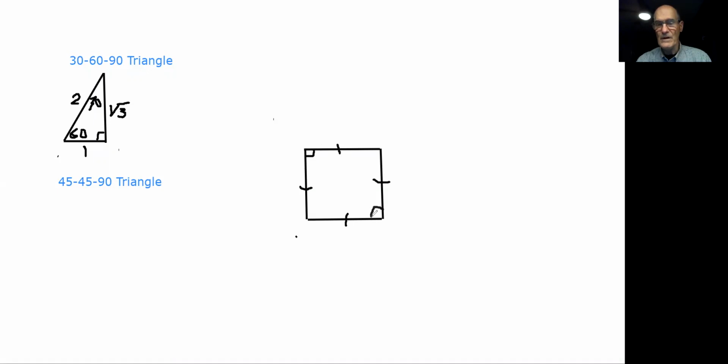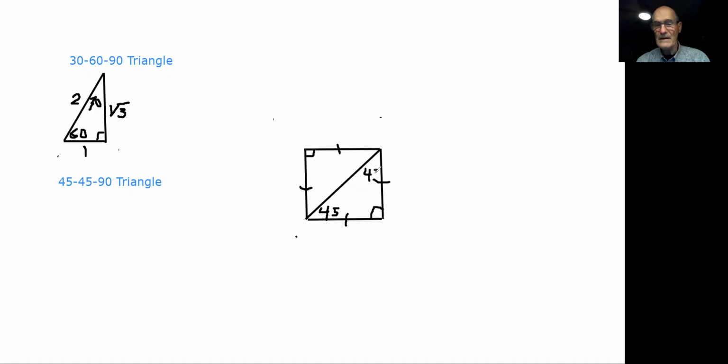Now, what I'm going to do here is draw a diagonal from one corner of this down to the other corner here. And what that diagonal does is it bisects this angle here. So that makes this a 45. And that makes the one up top here a 45 also.